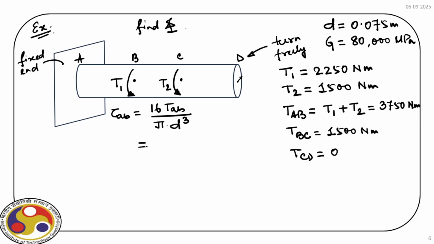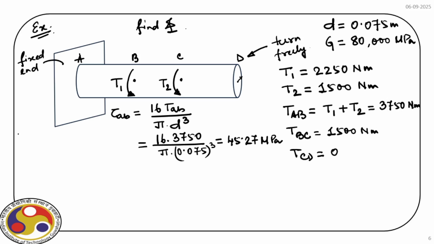So what we get, 16 times 3750 divided by pi times 0.075 whole cube. And the value of this expression is 45.27 into 10 to the power 6, that is in Pascal, so 45.27 MPa.